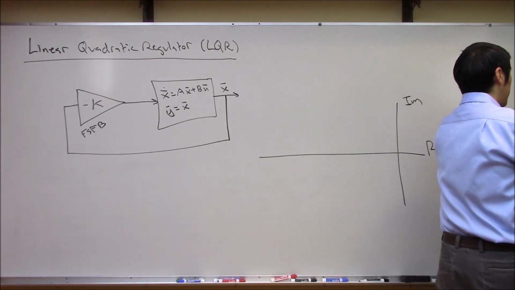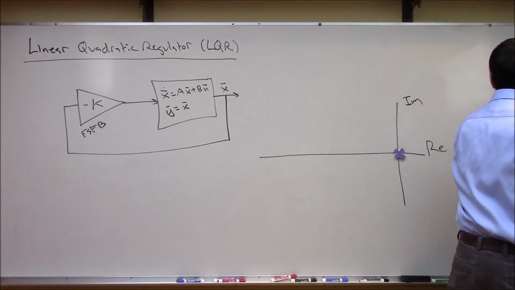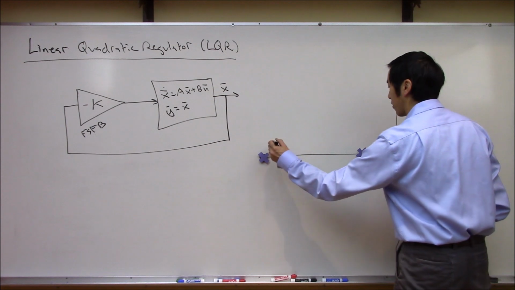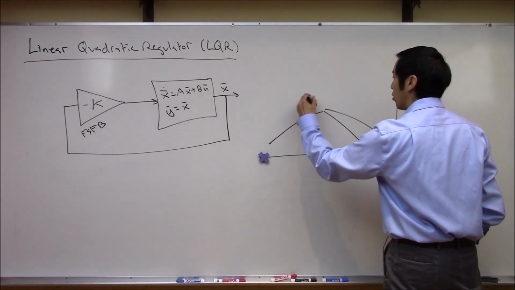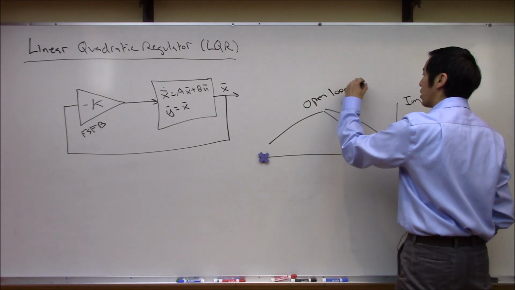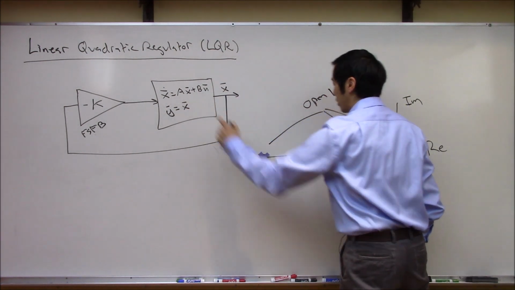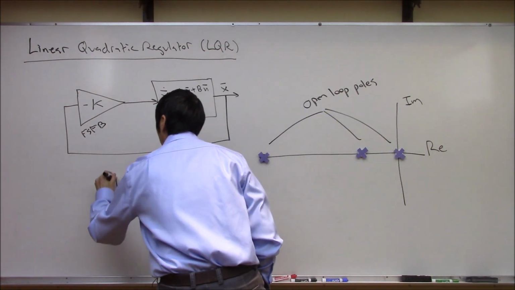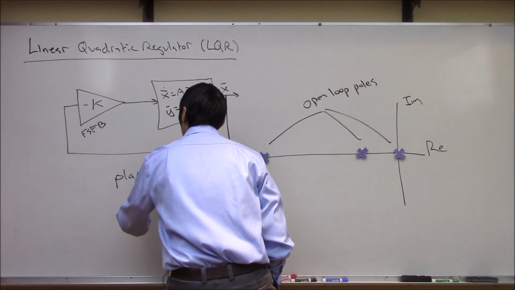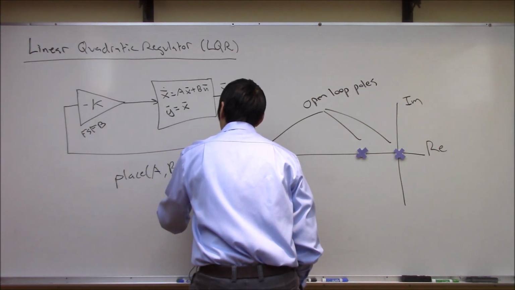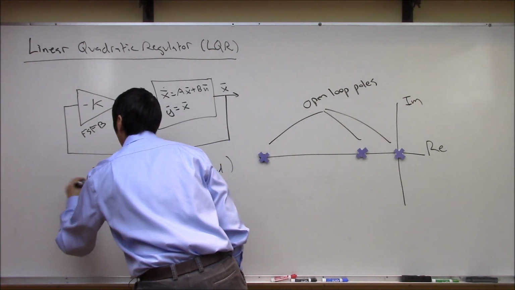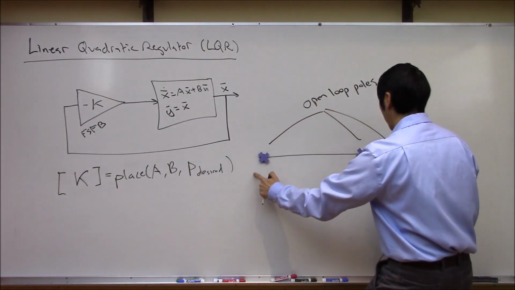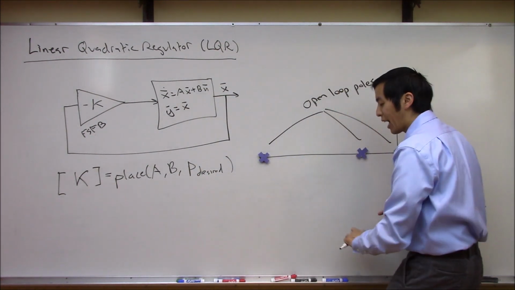If you had some plant with certain open loop poles, represented by these blue X's, in other words the eigenvalues of just the A matrix, I can just go over to Matlab and say place A, B, and some P desired. This would give me a matrix K, or the controller that would move the open loop eigenvalues, these blue X's, to wherever I desire them to go.